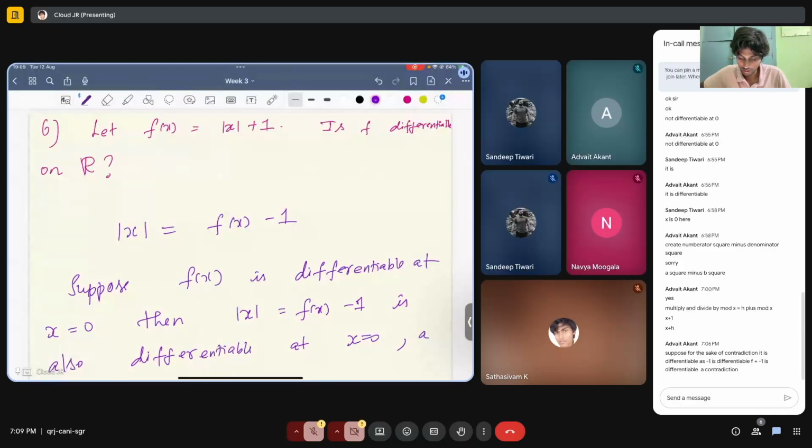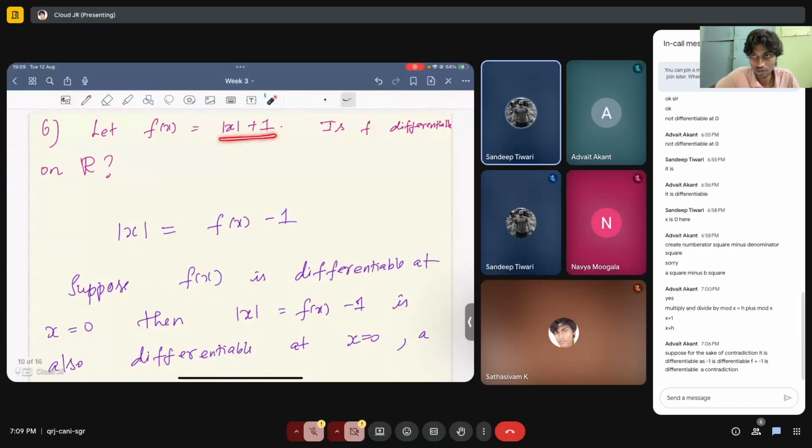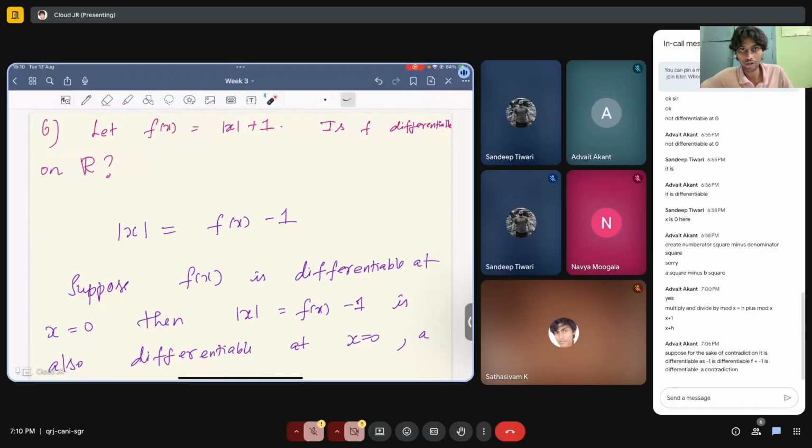Okay, just give me a minute. So it is differentiable everywhere, I think. This one. Yes. It is not zero anywhere, but that does not mean it's differentiable, right?